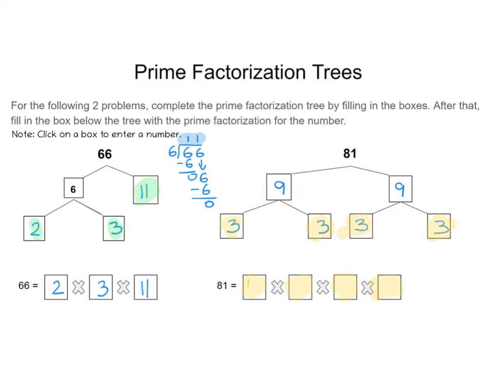So my prime factorization of 81 is 3 times 3 times 3 times 3, and that is 81. So again, when you write the prime factorization, you cannot have 1 or a composite number. They have to be prime numbers.